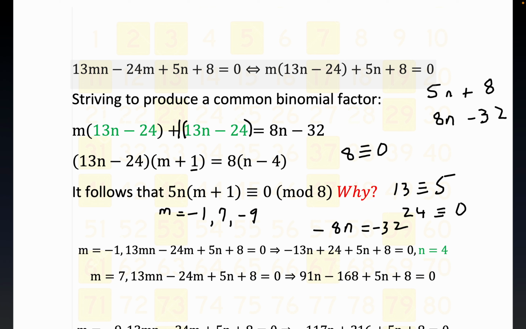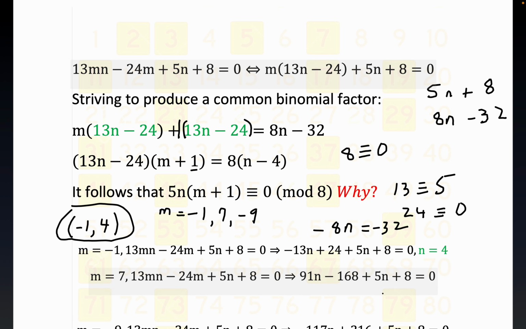So what we know is we have one solution. That solution would be minus 1 and 4. So this is one solution. Let me get that circled. It's kind of nice how this congruence gave us some ideas on the type of m's to select, and then once we figure out an m, we can solve for n.